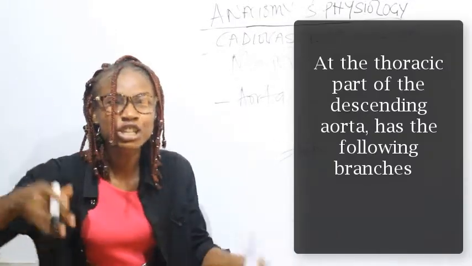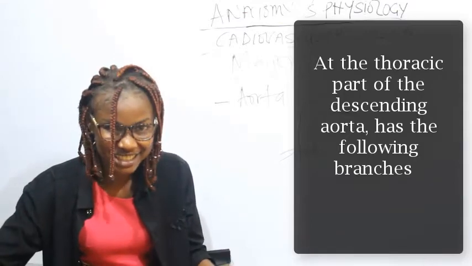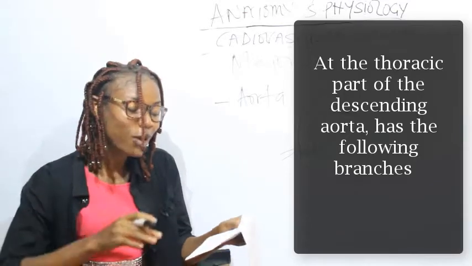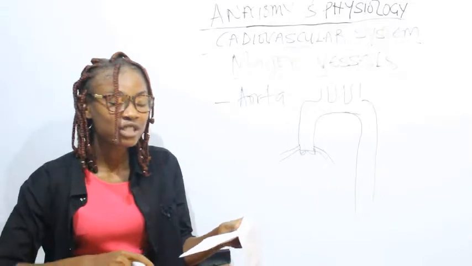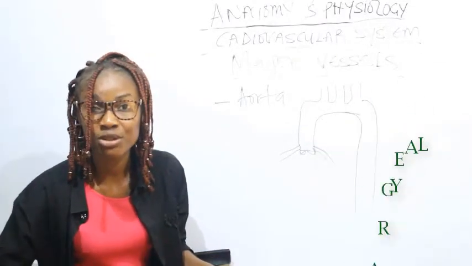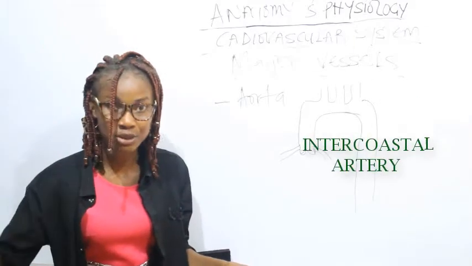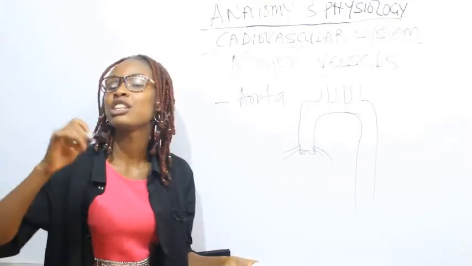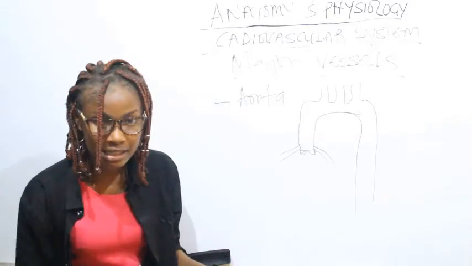At the thoracic part, it also has branches, where we have the bronchial artery, the oesophageal artery, and the intercostal artery. The bronchial artery supplies the lungs.